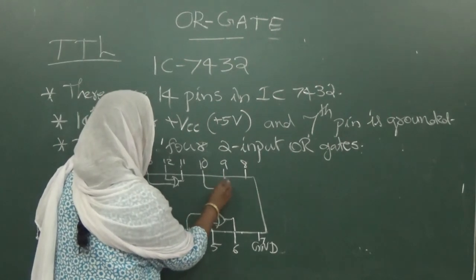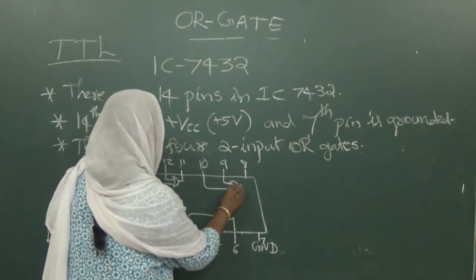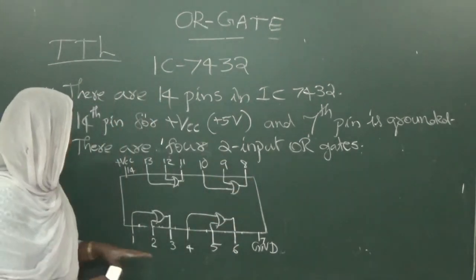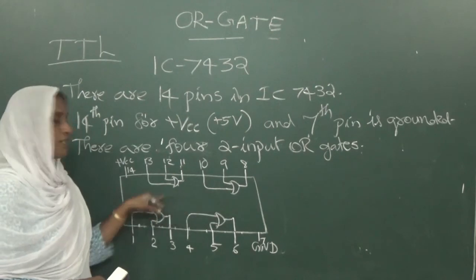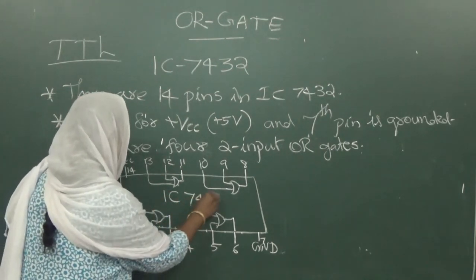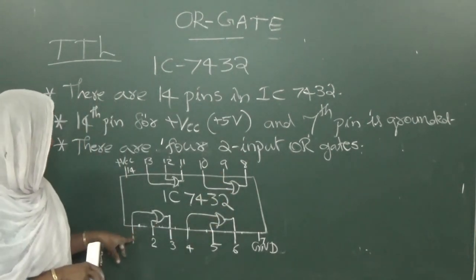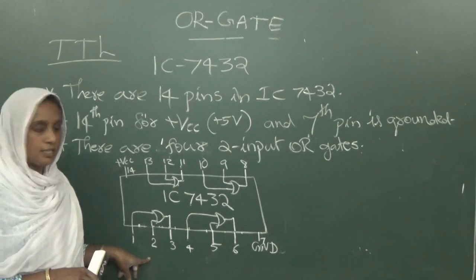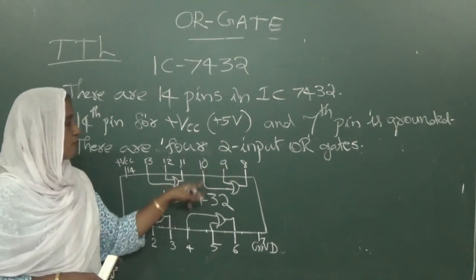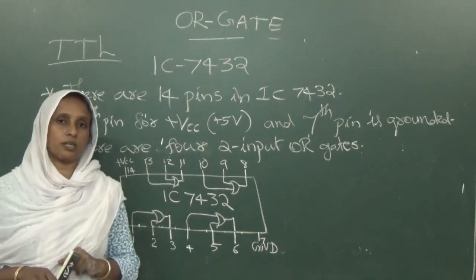Similarly 10 and 9 are inputs with output 8. These are the 4 OR gates. This is IC 7432. Here you can see that 1, 2, 3 form an OR gate, 4, 5, 6 another OR gate, 8, 9, 10 form another OR gate, and 11, 12, 13 form the fourth OR gate.